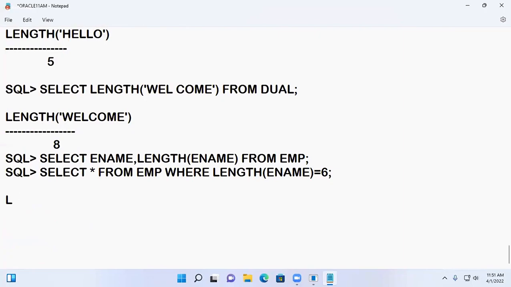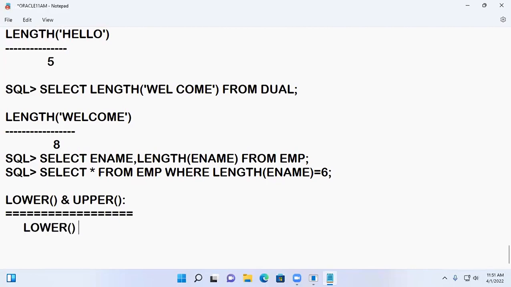Next function, the lower function. And here I'm writing pair functions for time saving purposes. So lower and upper. So what is the lower function's purpose?